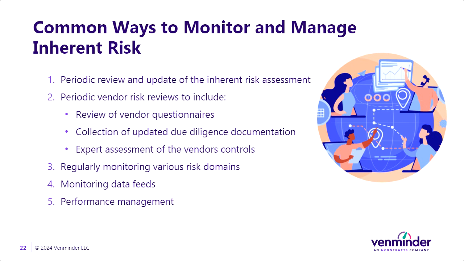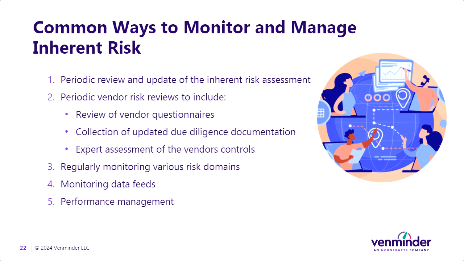So again, those high-risk vendors, you should be sending them a questionnaire on a regular basis to get updated information. You also need to be collecting updated due diligence documents from those high-risk vendors on an annual basis, or some more frequently than that, again, depending on the vendor. And those experts or your SMEs should be assessing those controls.